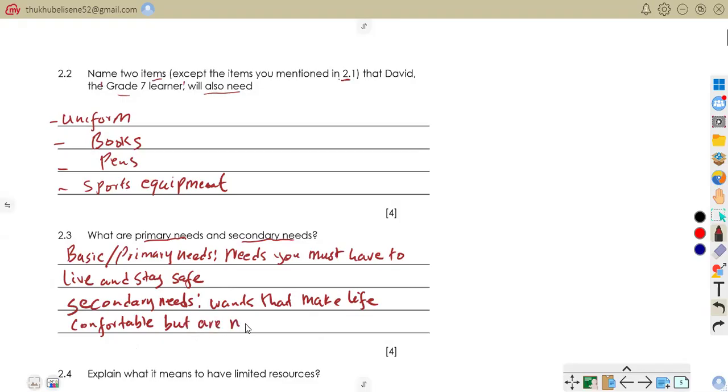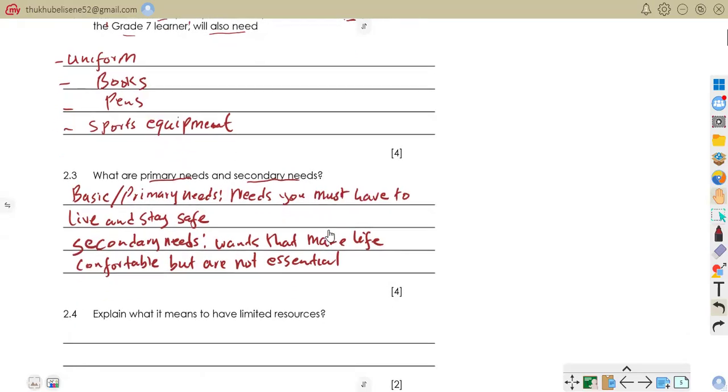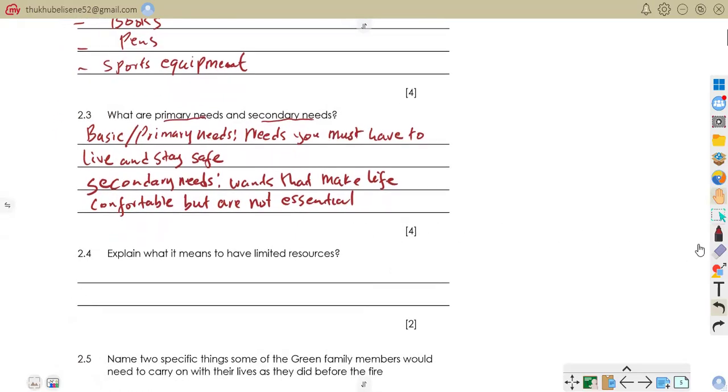For example, we can talk of toys, entertainment, branded clothes. So those are not essential. They just make life comfortable, like you're saying.